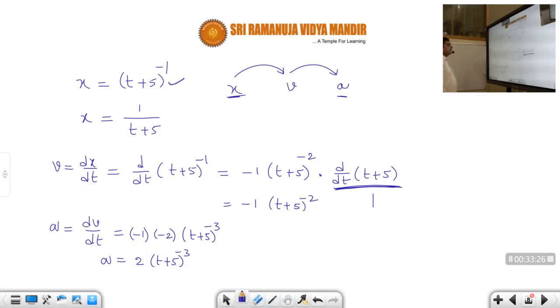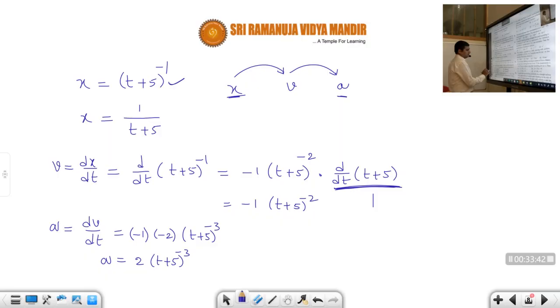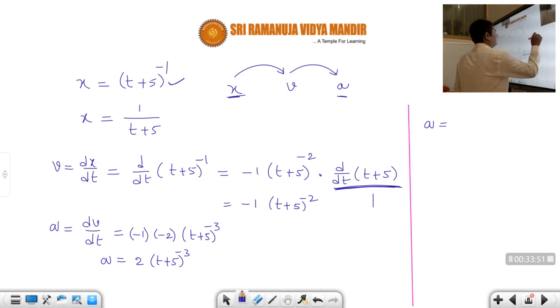So now here we have to see acceleration as a function of distance or acceleration as a function of velocity, because in the options, A is velocity, B distance, C distance and D velocity. So now let us see how we can write in terms of velocity and distance, students. Suppose we want to write in terms of velocity. So a is equal to 2 times (t plus 5) whole power minus 3.